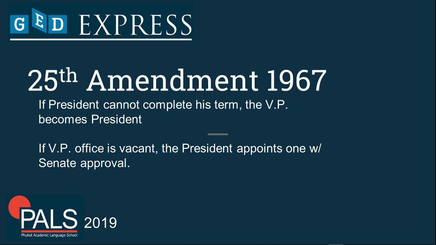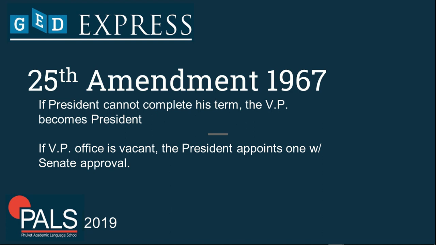The 25th Amendment, 1967. Basically, we have this protocol in the 27 amendments. The 25th Amendment says that in 1967, if the president cannot complete his term, the vice president becomes the president of the United States of America. So you know already the hint.